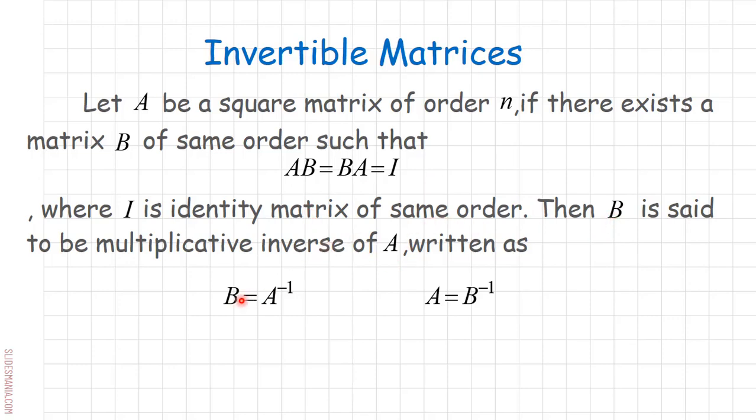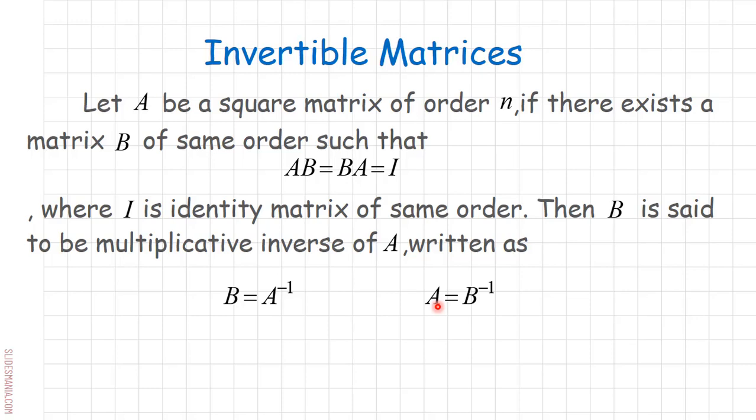Then we will say that B is the inverse of A, and we will write this as B is equal to A inverse. Similarly, since BA also comes out to be I, we will say that A is the inverse of B, and we will write this as A is equal to B inverse.